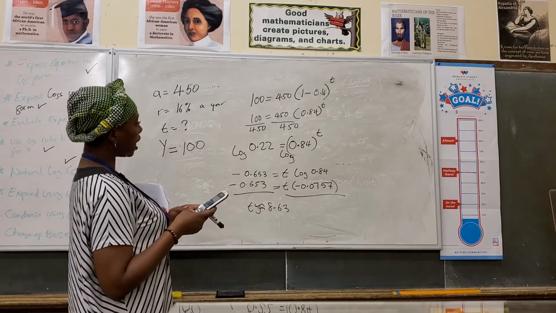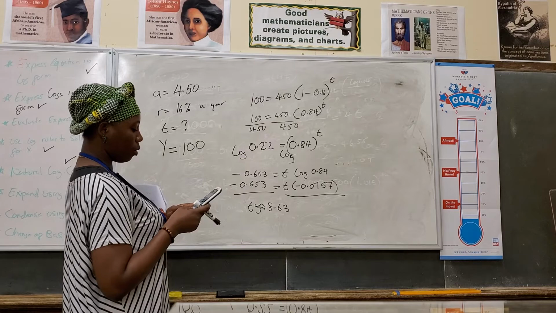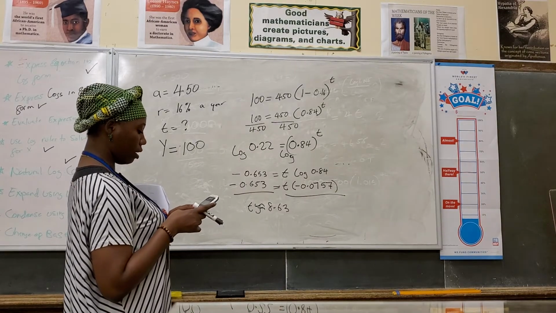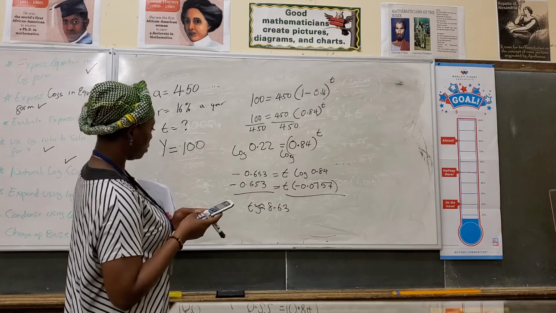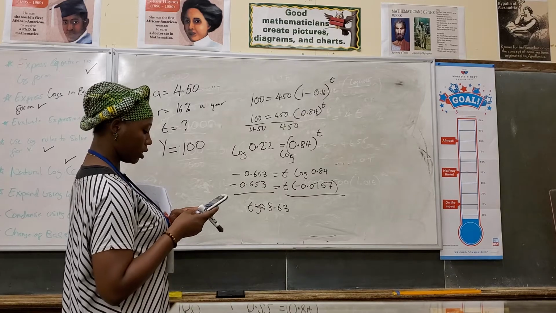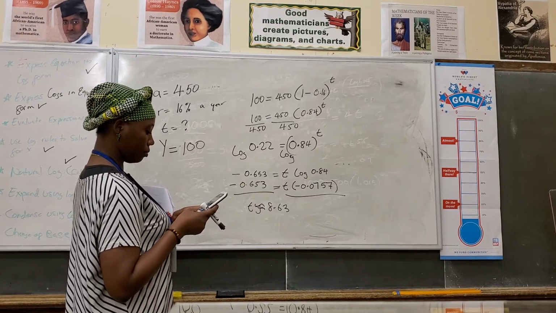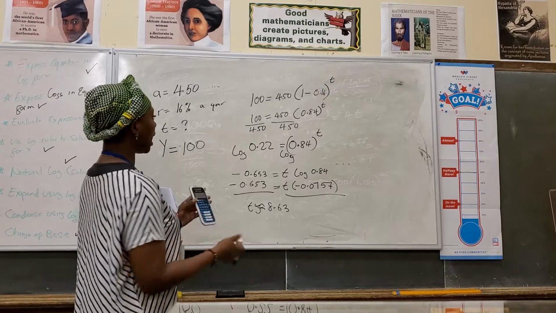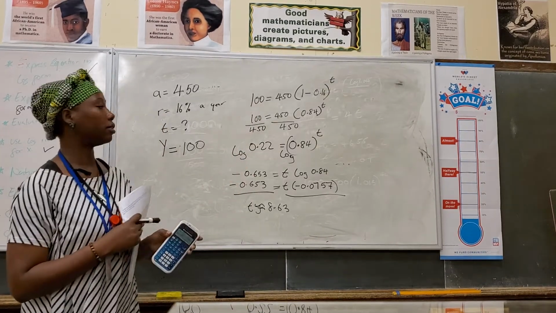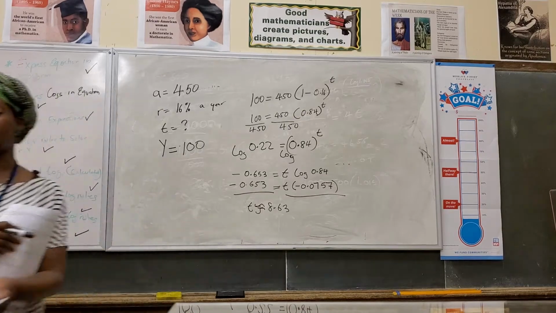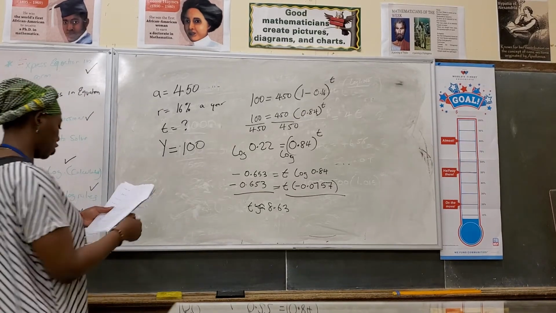So I'm going to say 0.84 raised to the power of 8.63 times 450, and we only have 100 left. It's very close. So that is how you solve it.